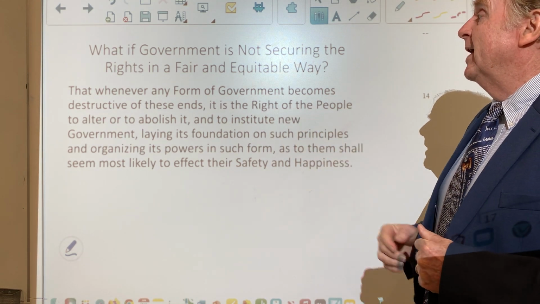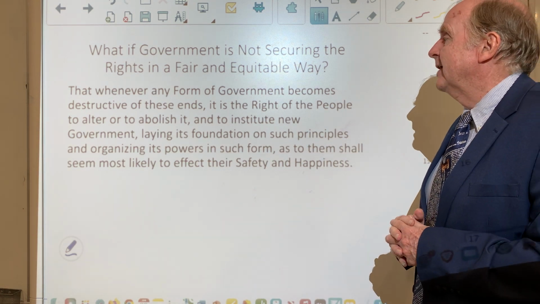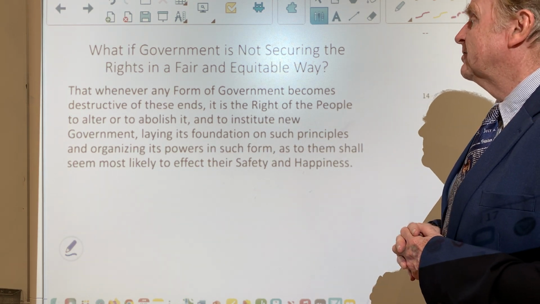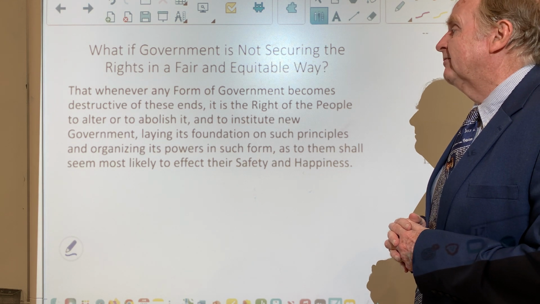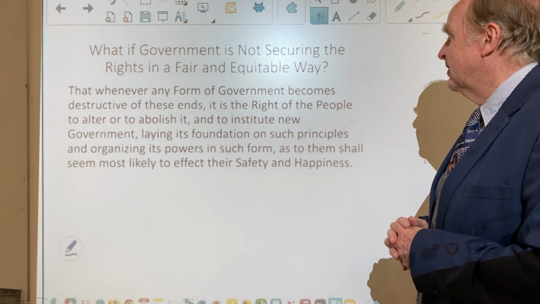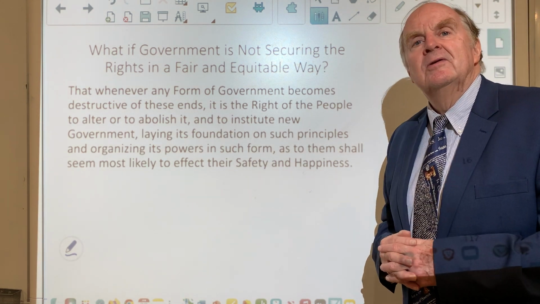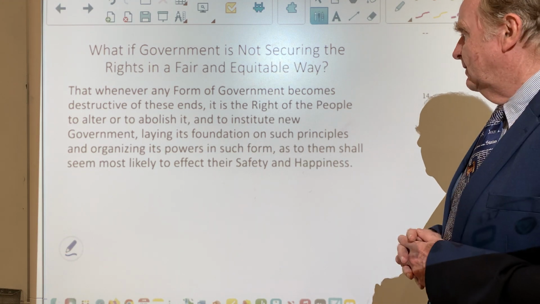And so it says, whenever any form of government becomes destructive of these ends, it is the right of the people to alter or to abolish it, and to institute new government, laying its foundation on such principles and organizing its powers in such form as to them shall seem most likely to affect their safety and happiness.